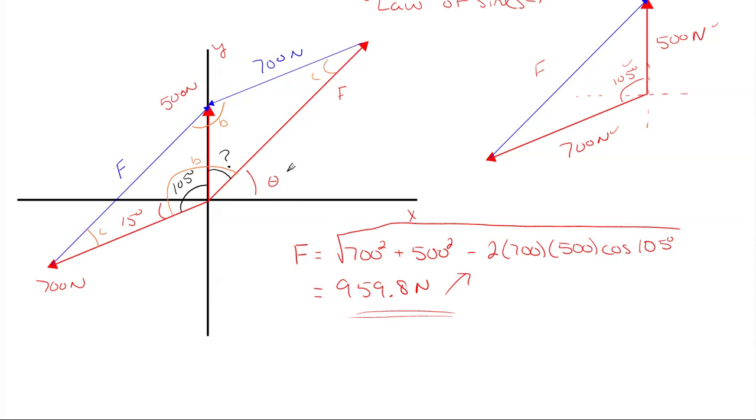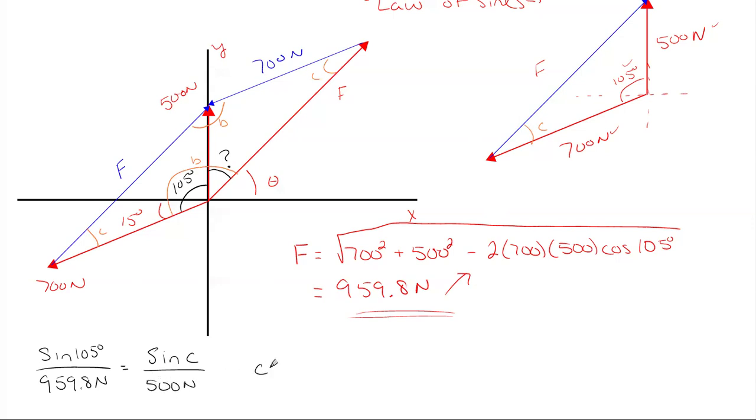So utilizing the law of sines here, using this triangle over here that I pulled out earlier, because this is angle C, what I'm going to have is the sine of my 105 degrees over the side that is opposite it, which is F, which I just found to be 959.8 newtons, must be equal to the sine of angle C divided by the side that is opposite it, which is the 500 newtons.